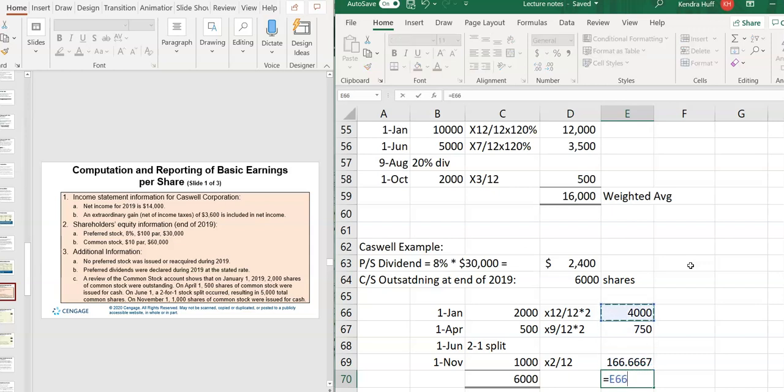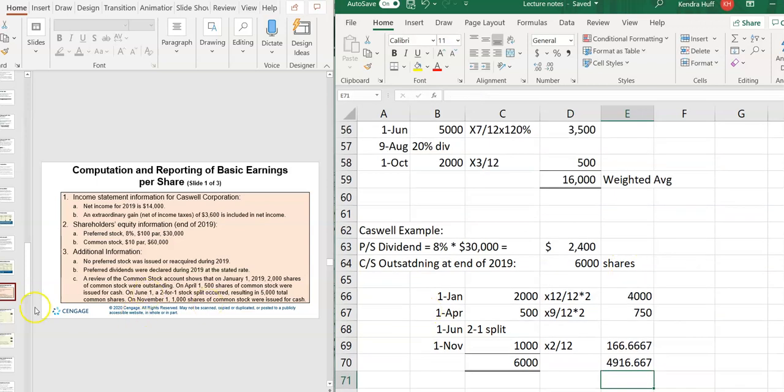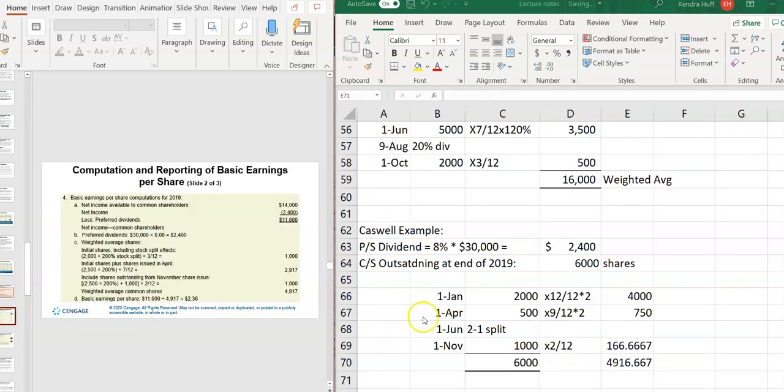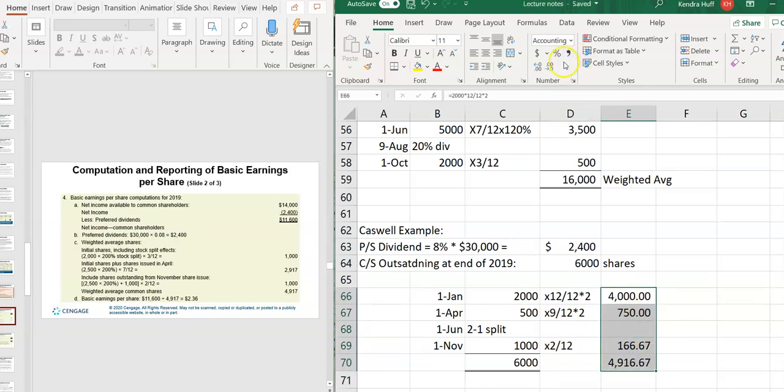So add those up. How did they round? Let's see. Rounded up to 4,917. And that is my weighted average.